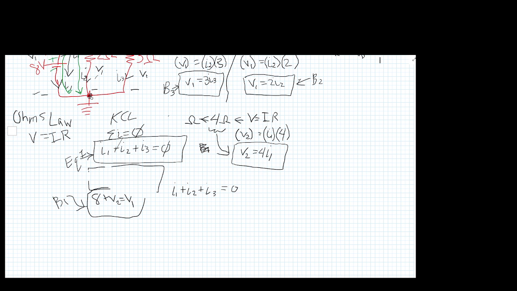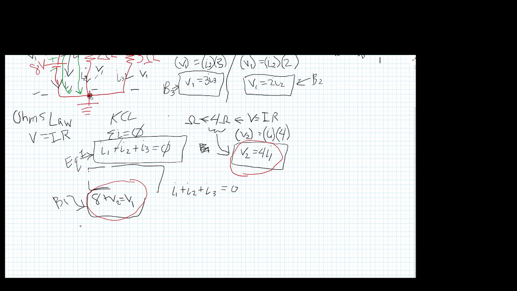So we got enough to solve this. Let's begin by solving for... Let's get rid of the V2s first. So to get rid of the V2s, let's use this equation and this equation.